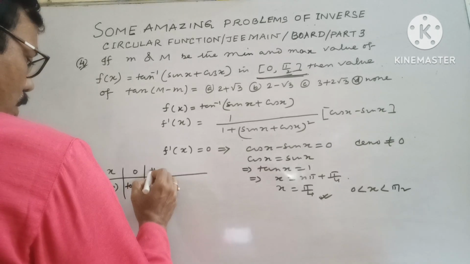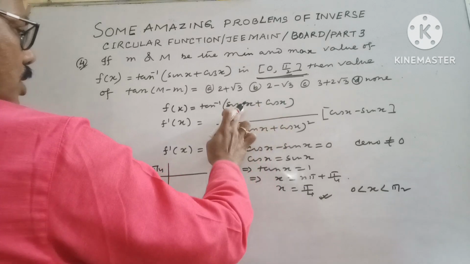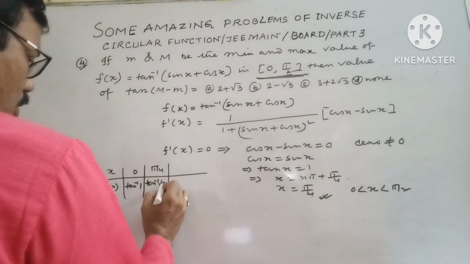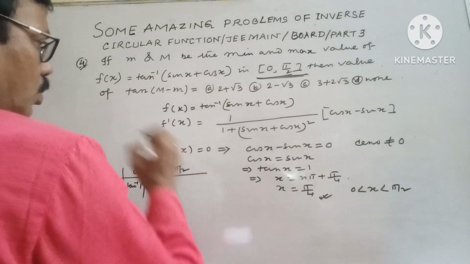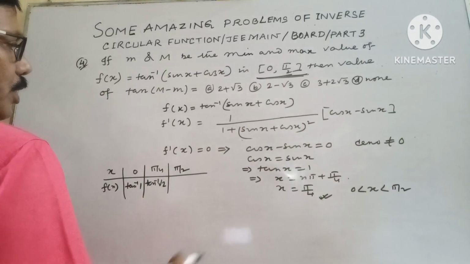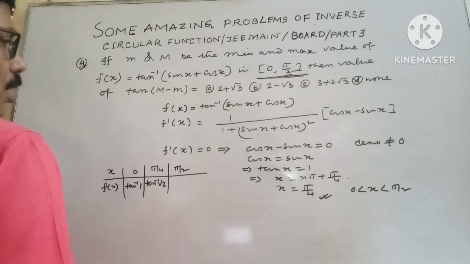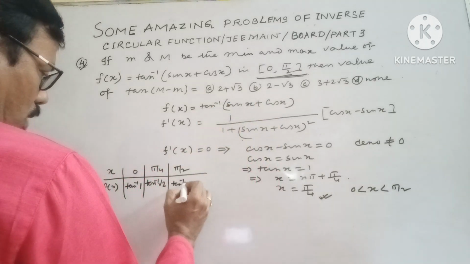And at x equals pi by 4, this is 1 by root 2 plus 1 by root 2, so tan inverse root 2. And for pi by 2, sin is 1 and cos is 0, so tan inverse 1.